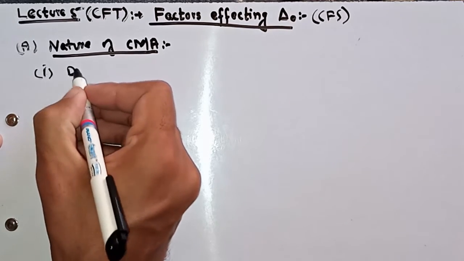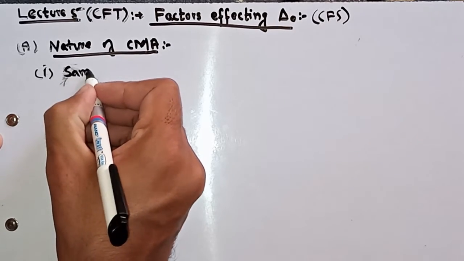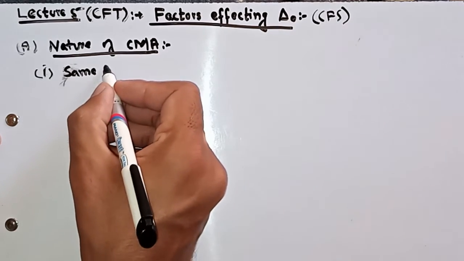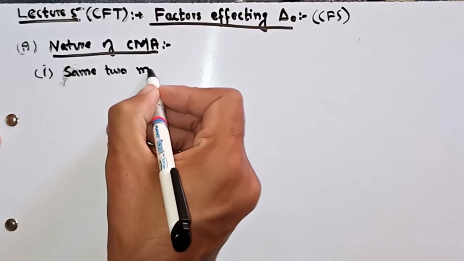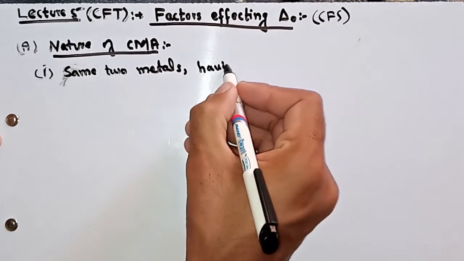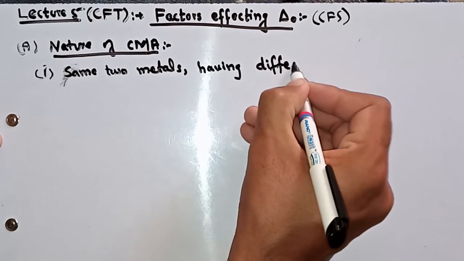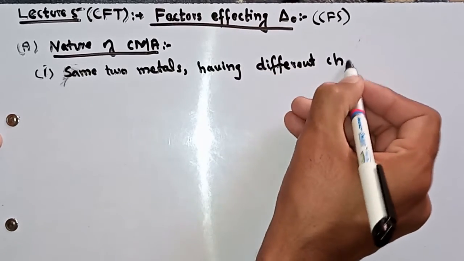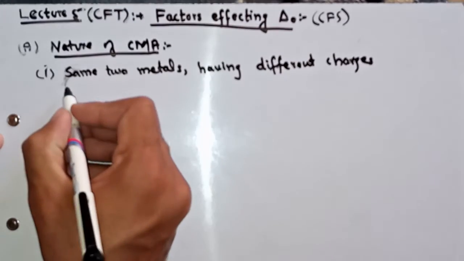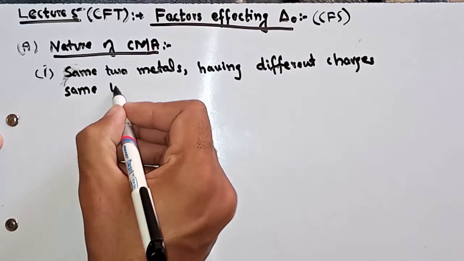Let's suppose we have the same two central metal ions, the same two metals, having different charges, with the same ligands.